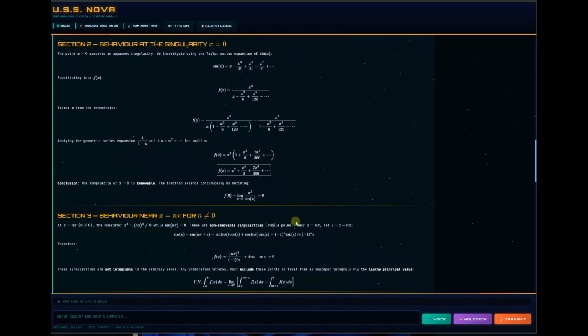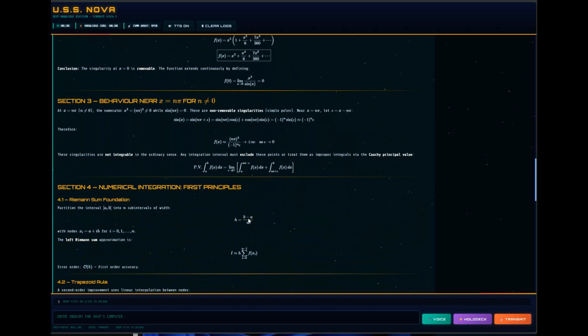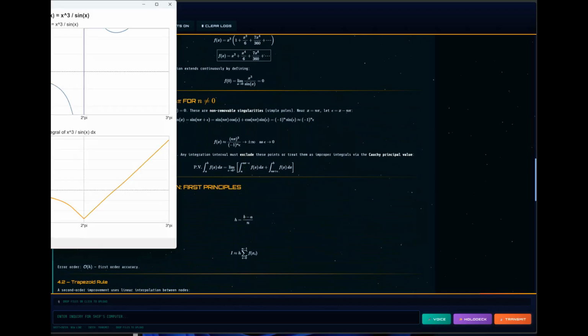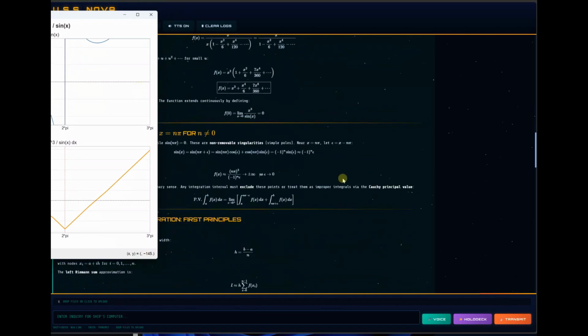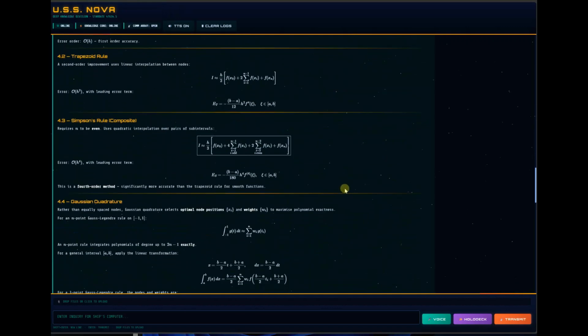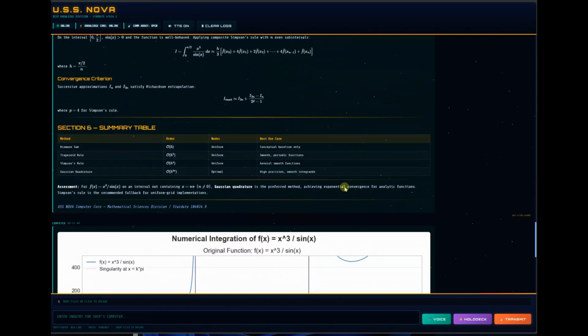So the singularity at x equals 0 is removable. That's a good point. It's like sine x over x, so f of naught is 0. This is pretty good stuff. And it's actually plotted the answer here, but just do the analytic, what it can do in a power series. That's not really closed form. It's quite big, isn't it?